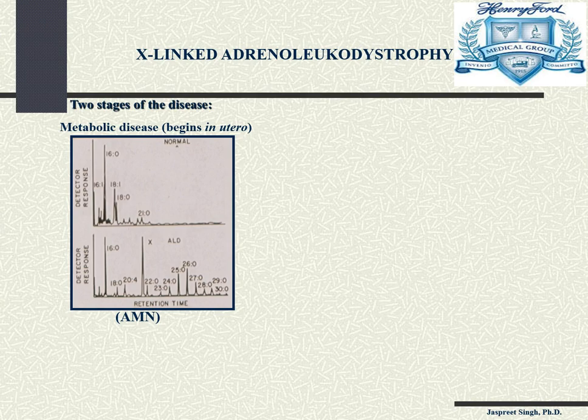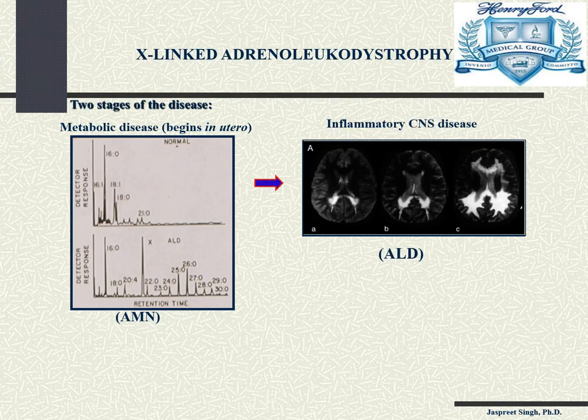But in about 30 to 35% of the patients, this disease spontaneously progresses into a CNS inflammatory demyelinating disease. So you start seeing demyelination in the brain, inflammation, and within 2 to 5 years of the initiation of this brain inflammation and demyelination, the patient dies.